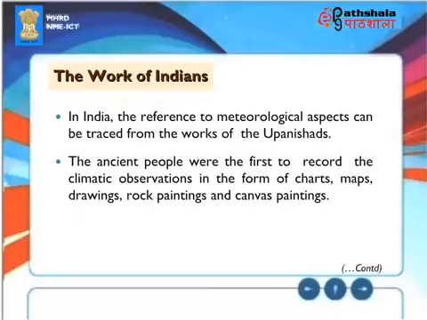The work of Indians. In India, the reference to meteorological aspects can be traced from the works of the Upanishads. The ancient people were the first to record the climatic observations in the form of charts, maps, drawings, rock paintings, and canvas paintings.